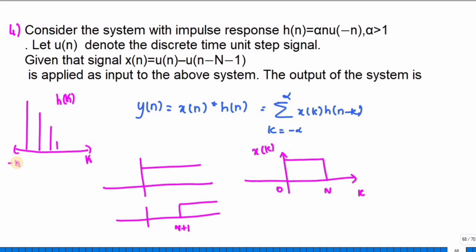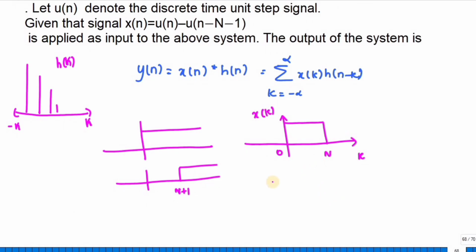So in order to get h of minus k, this is my h of minus k. Okay, and I'm going to add n with this, it goes up to infinity. Okay, so what is the intersection of this one? The intersection is all the points right there.